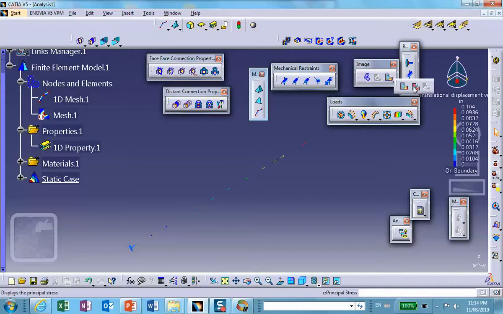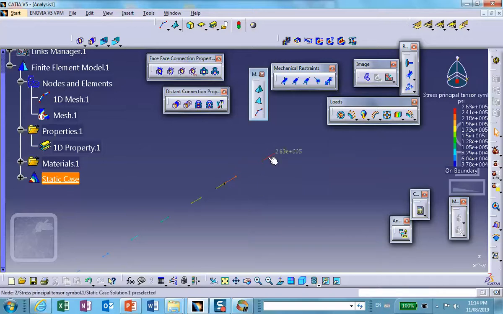All right, so look at what happens. This is the clamped end. The clamped end is right here. And its stress is small, much smaller compared to the other side.